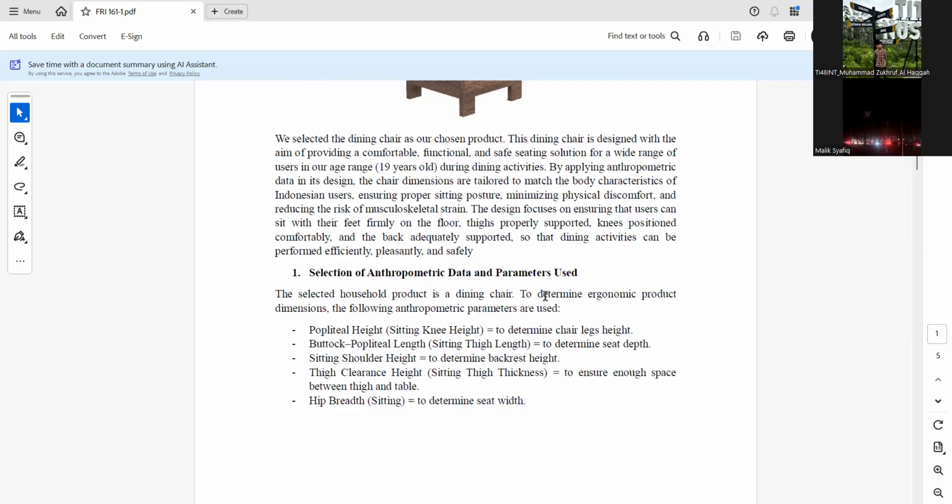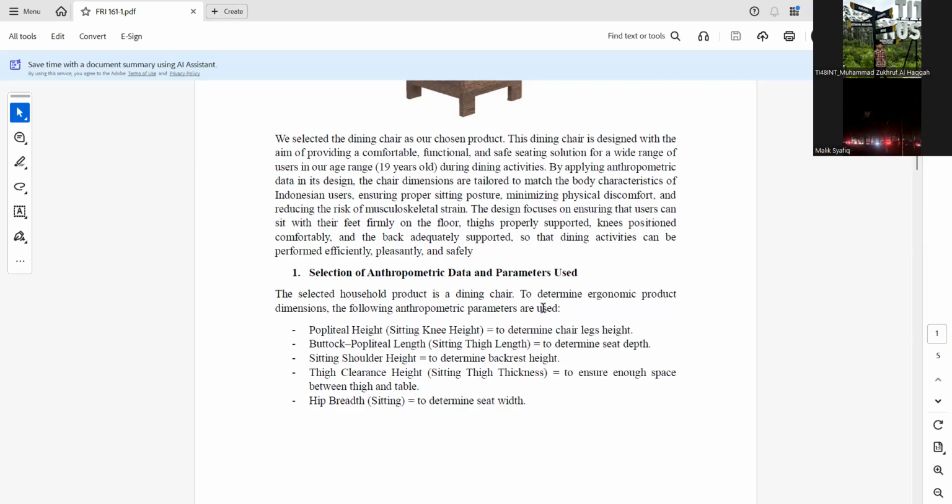After that we have the sitting shoulder height, which is used so we can determine the backrest height, the backrest for our back.